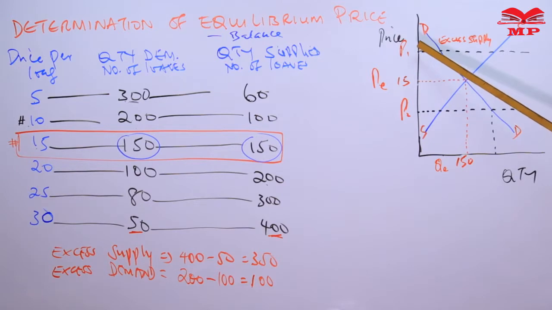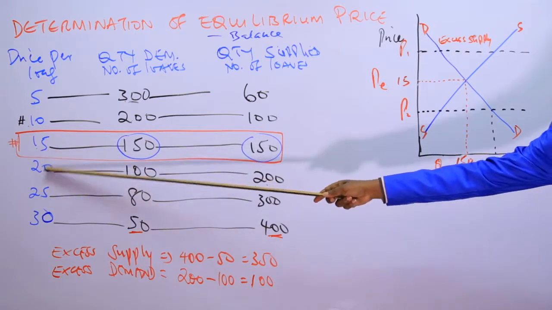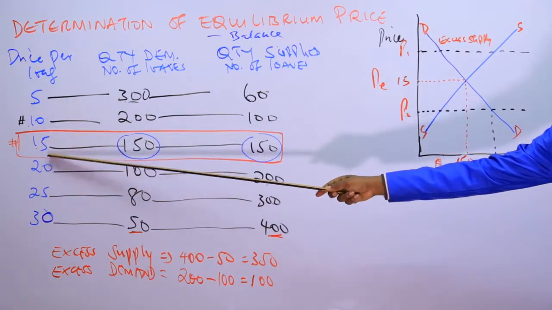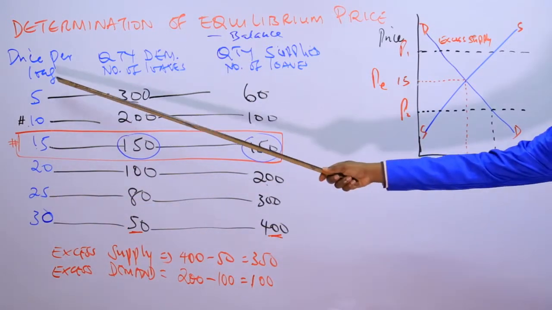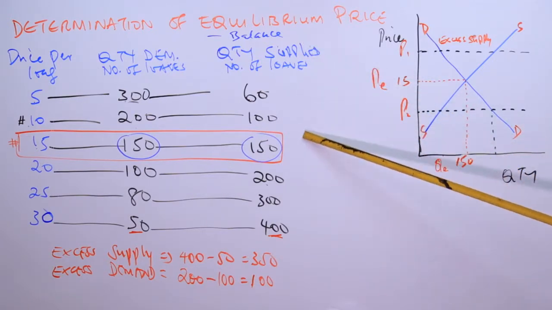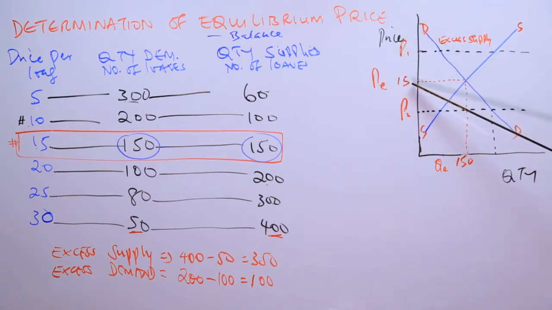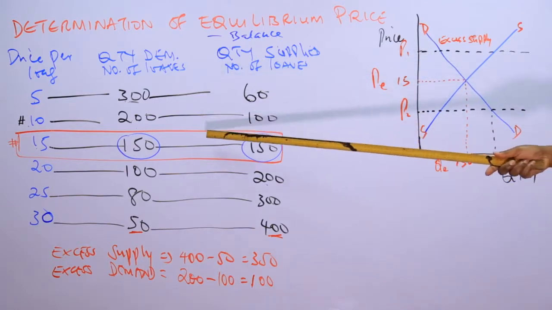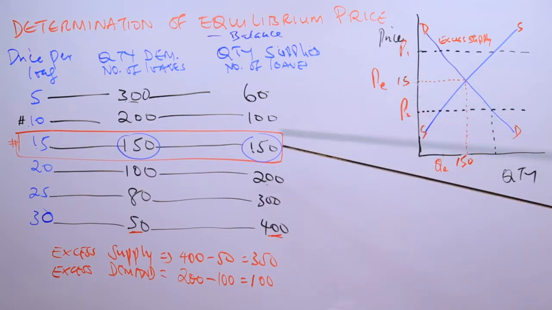increased. When you increase the price, and even taking any point here, anytime price is increased, the trend on the quantity supplied is that it increases. So when you increase price from 15 to any other point, because this price is above equilibrium, this is our equilibrium.